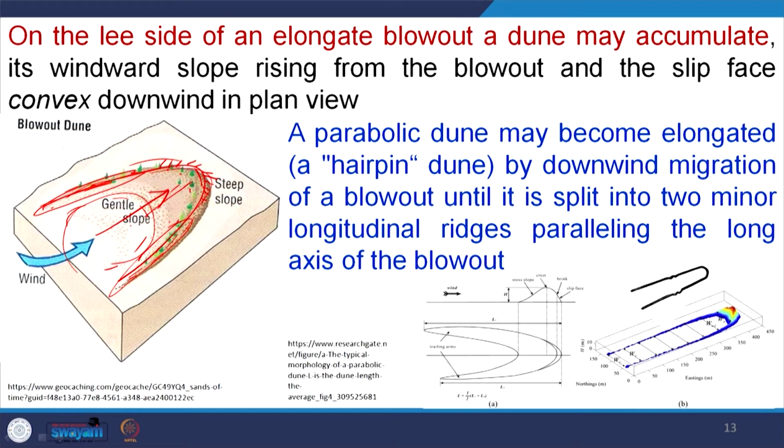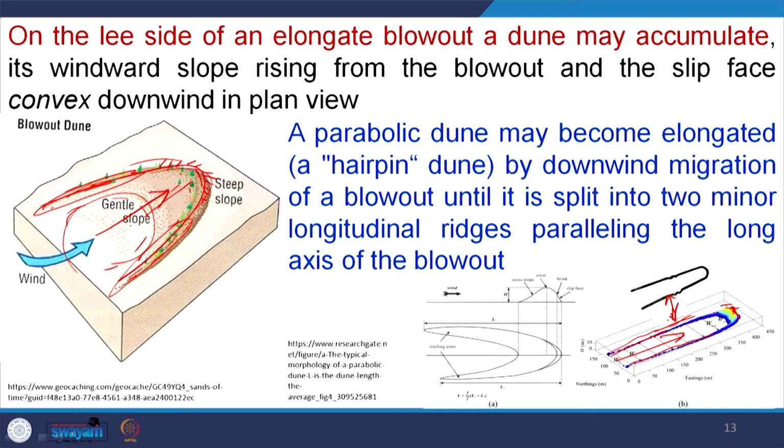A parabolic dune may become elongated to form a hairpin dune. If you see here, this is a parabolic dune and the wind is blowing in this particular direction, and gradually the arms of this parabolic dune get longer and longer, and this side will be the steep slip face, and it looks like a hairpin.